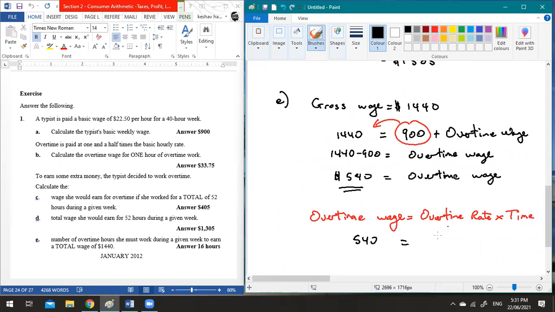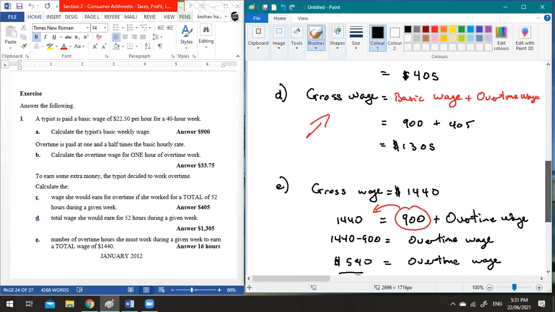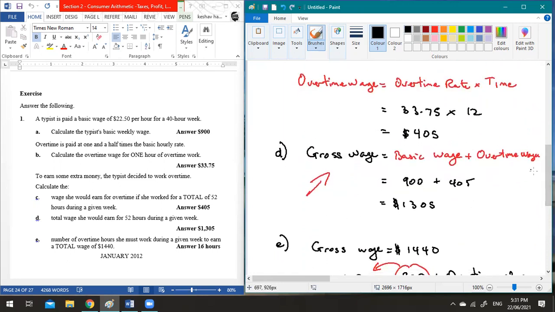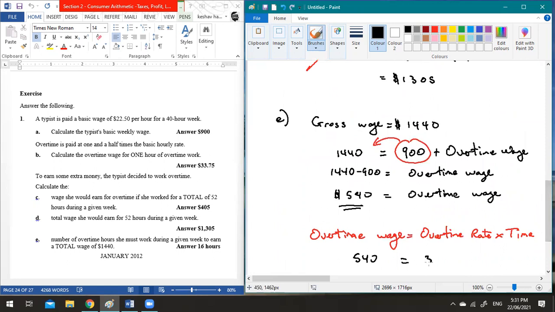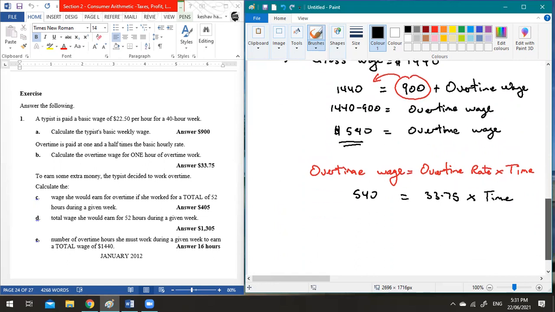The overtime rate we had calculated previously in the question to be 33.75 multiplied by the time, which is what we're trying to calculate, how many hours she would have worked overtime.